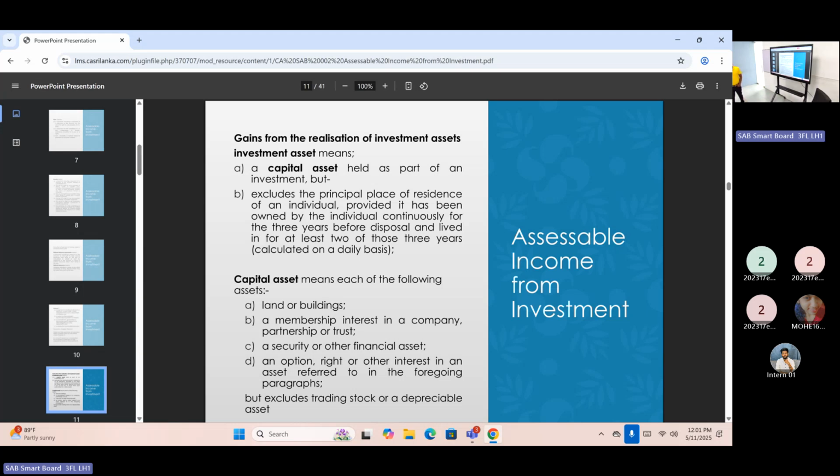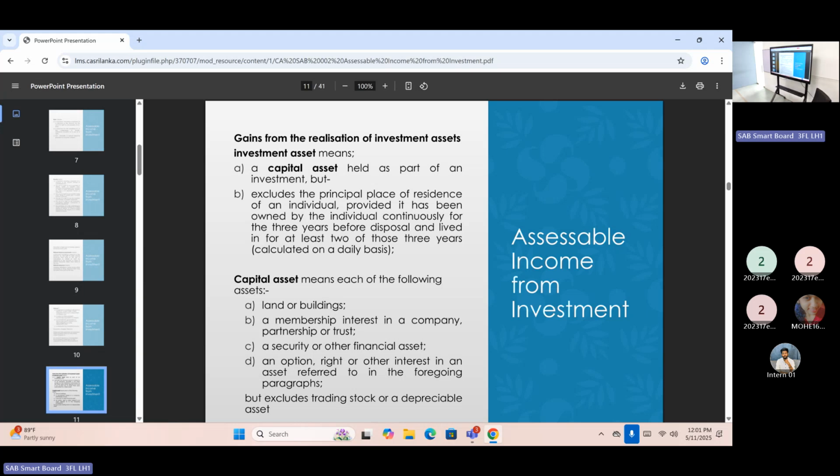Investment asset means a capital asset held as part of an investment.